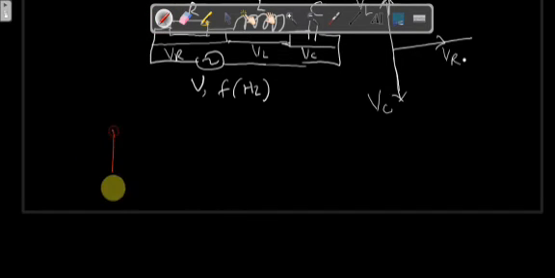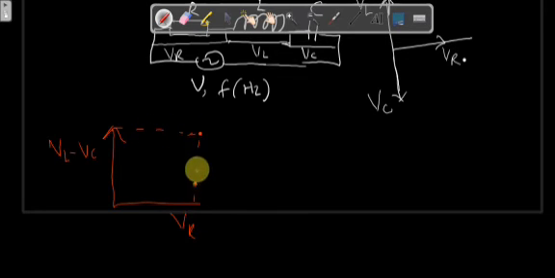So this becomes VL minus VC, and this is VR. Now we can just complete this using Pythagoras theorem. These are phasors, they are vectors. This will represent V, which is the VRMS that we have here. So this side will be equal to that, and this is going to be VL minus VC.